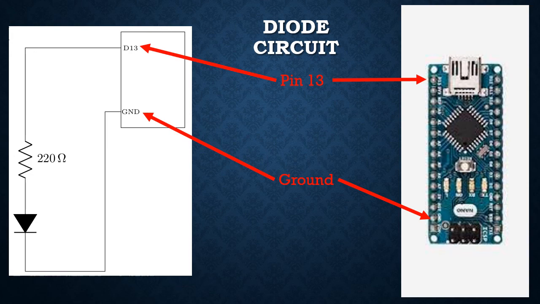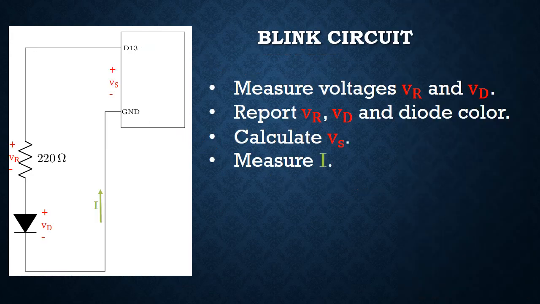All right, now we would like to make some measurements. Okay, we'd like to measure the voltage across the resistor. We'd like to measure the voltage across the diode. And we would like to, from that, figure out what the voltage across D13 and ground would be.